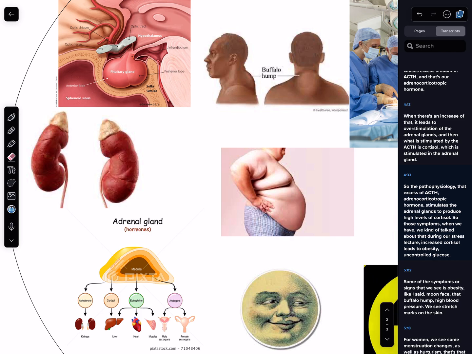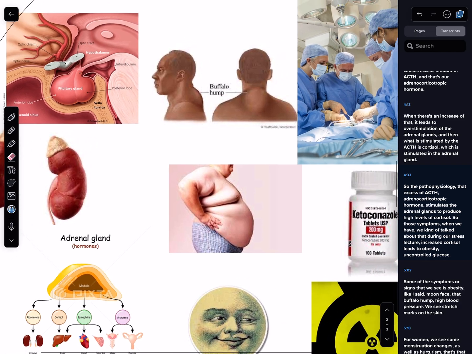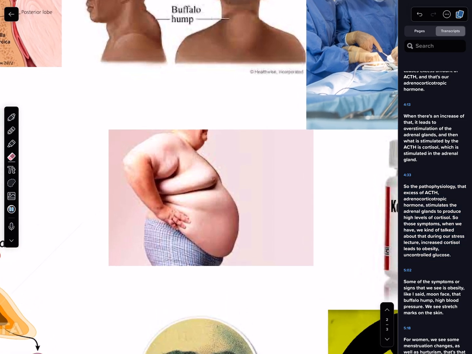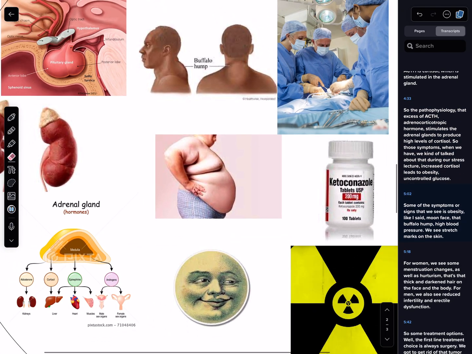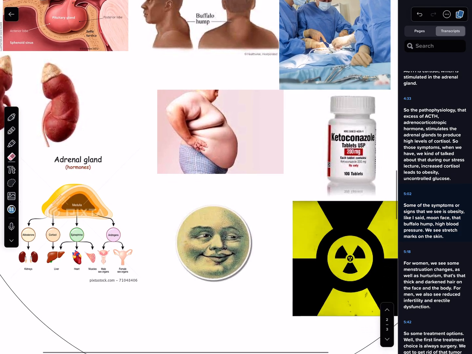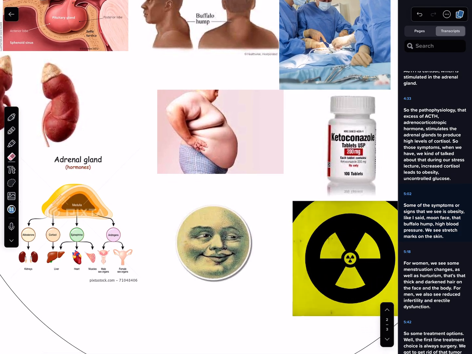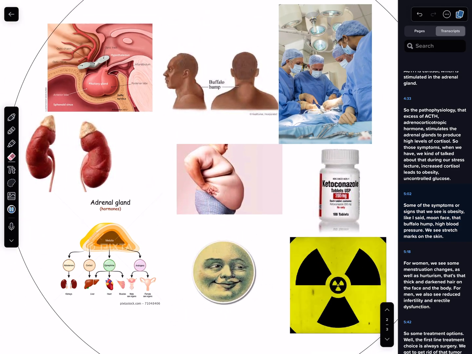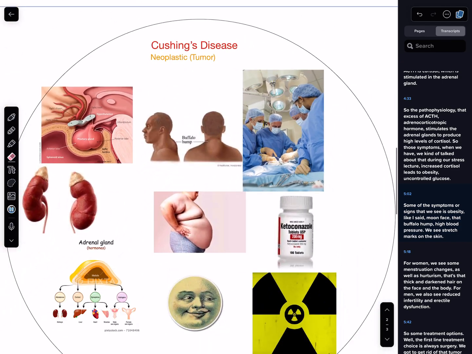So those symptoms, we kind of talked about it during our stress lecture. Increased cortisol leads to obesity, uncontrolled glucose. Some of the symptoms or signs that we see is obesity, like I said, moon face, that buffalo hump, high blood pressure.